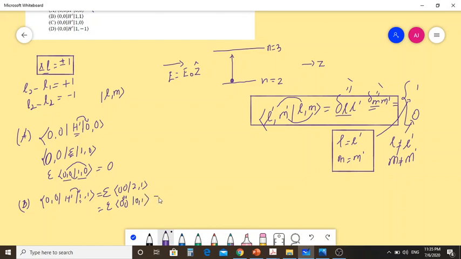Both selection rules are allowed. Still, for these two results the inner product goes to 0 because L is not equal to L prime and M is not equal to M prime. So option B is also a wrong answer. It is not an allowed transition.